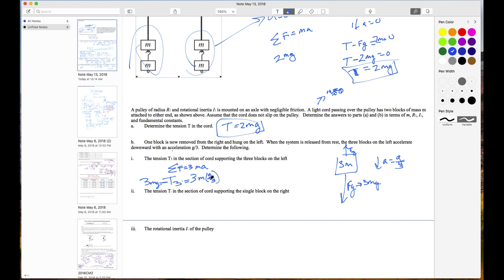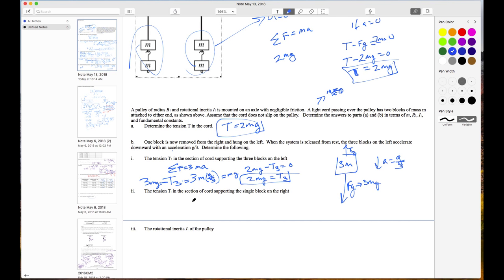When we look at this, 3mg over 3 is just mg. If we subtract that from both sides, we get 2mg minus T3 equals 0, and 2mg equals T3. Well, that's convenient. It's the same tension.